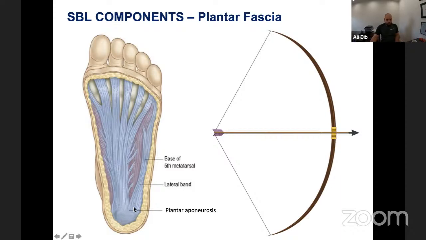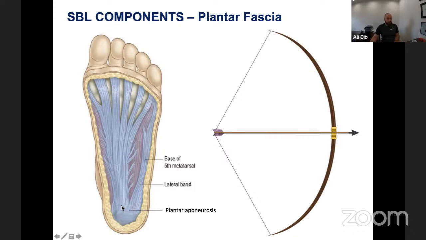And it turns into something called your plantar aponeurosis. It's a very, very thick band of tissue that also picks up the 6th band over here from the base of the 5th metatarsal. And it kind of blends into this lateral edge over here.